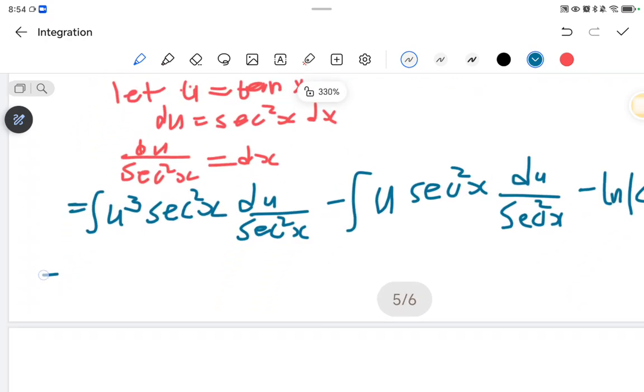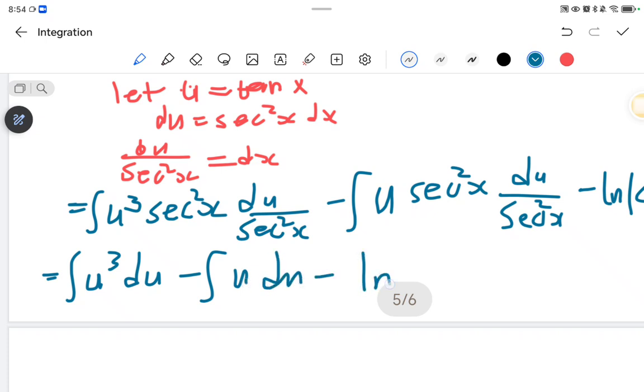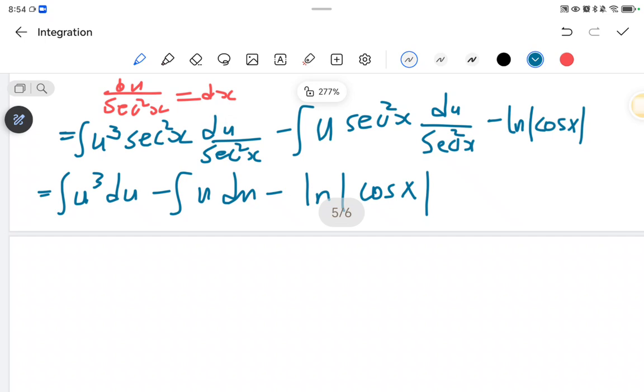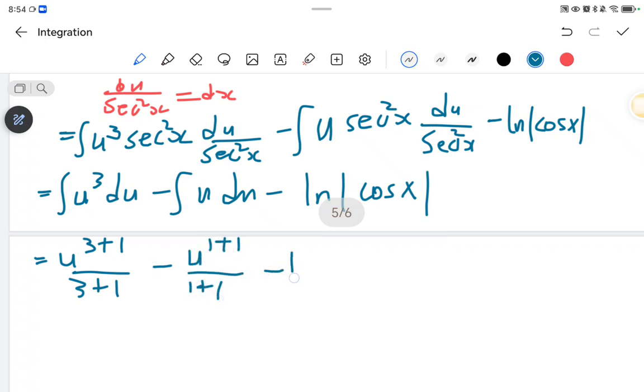Then this will be equal to the integral of u to the 3 du minus the integral of u du minus ln of cos x. And then this will be u to the 3 plus 1 over 3 plus 1, minus u to the 1 plus 1 over 1 plus 1, minus ln of cos of x. Now I add the c.